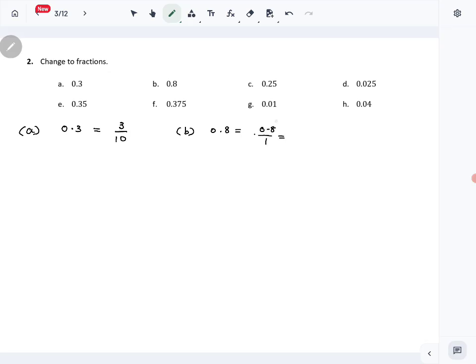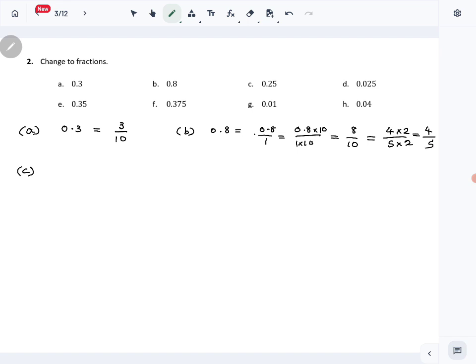So then to convert this into whole numbers, you have to multiply both the numerator and the denominator by 10. Right? So then it becomes what? 8 over 10. Simplify, which is what? 4 into 10, 4 into 2, and then 5 into 2. So simplified form of the fraction is 4 over 5.